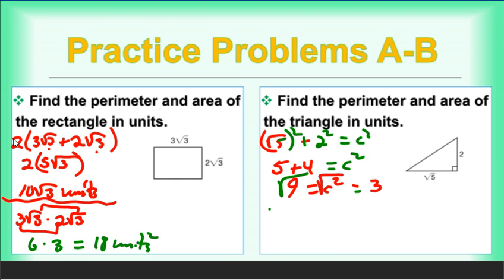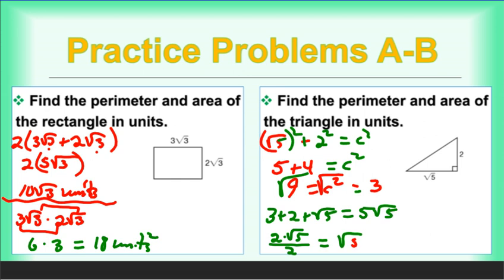So to find the perimeter, we would have 3 plus 2 plus the square root of 5, which would give us 5 plus square root of 5. And then the area would be 2 times the square root of 5 divided by 2, which would just give us the square root of 5 square units. This one would just be 3 units.